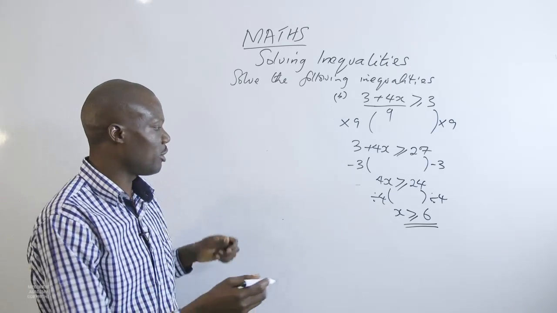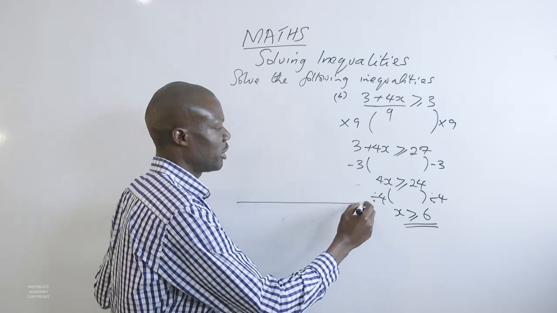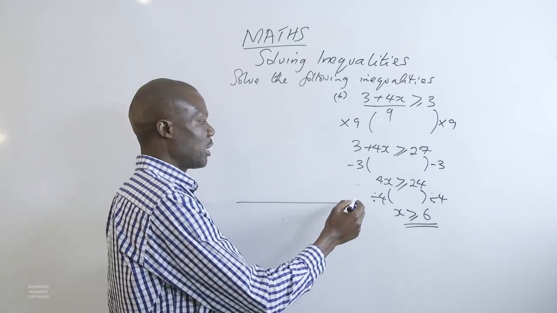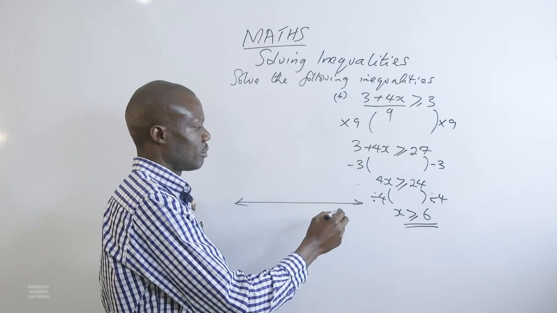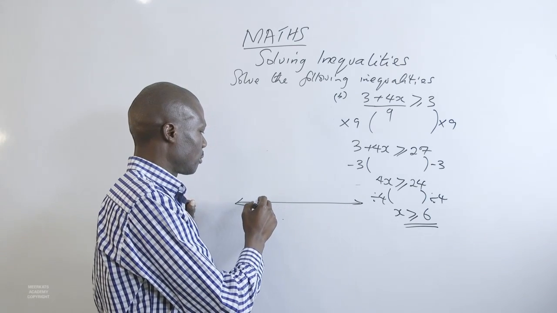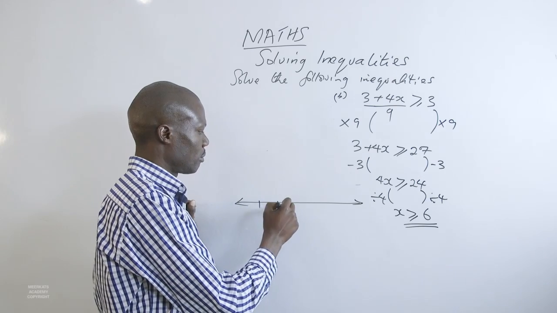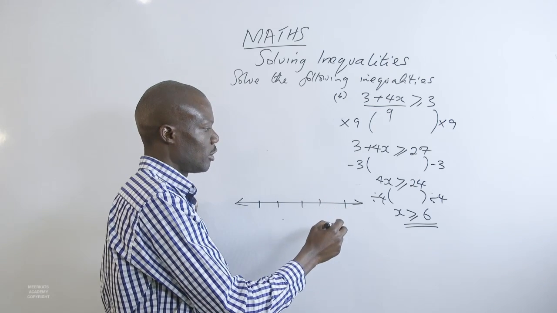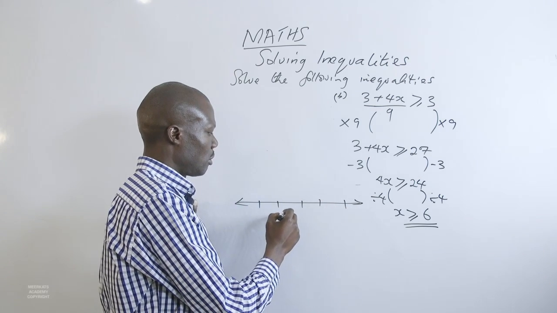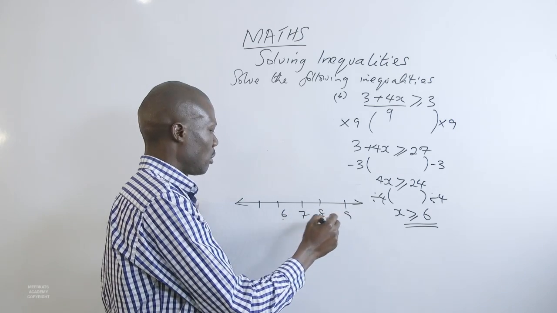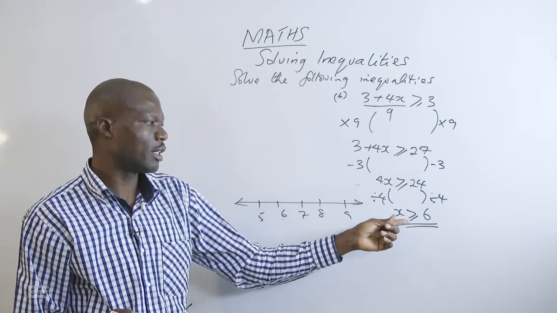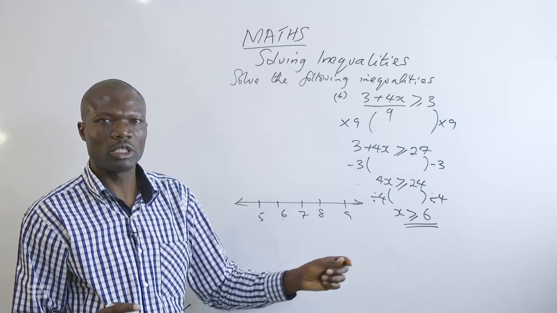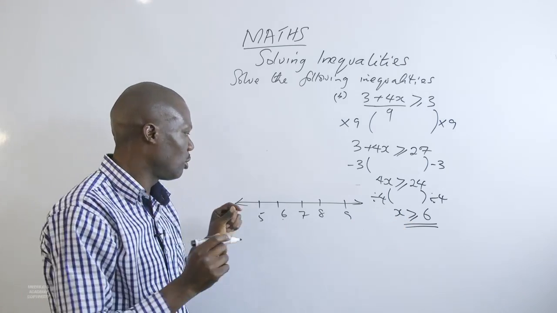Again, you can represent the information on the number line. So we identify where x is greater than or equal to 6, which means 6 is inclusive.